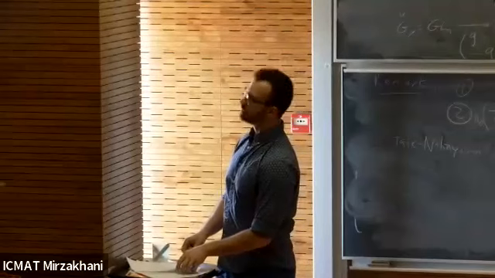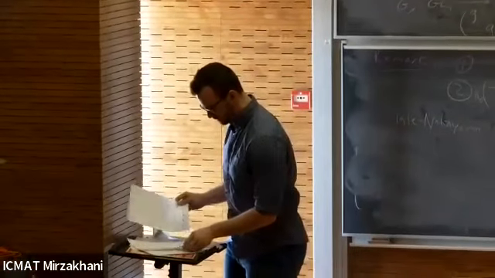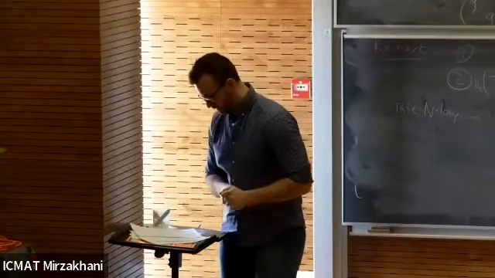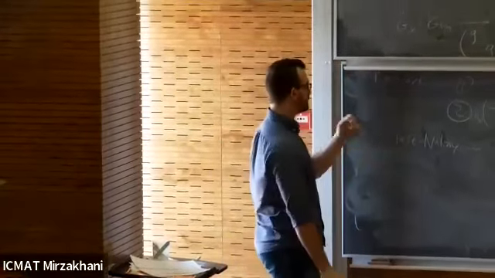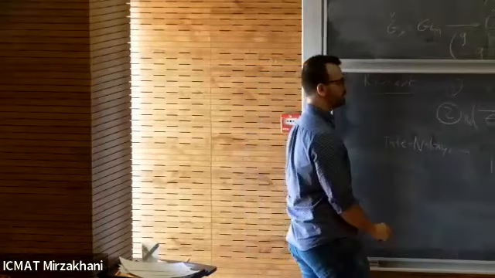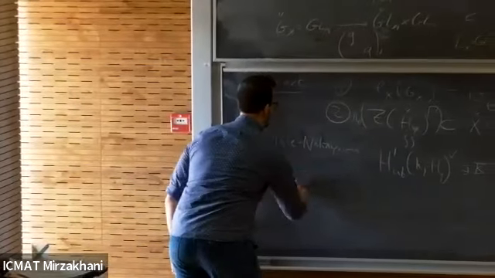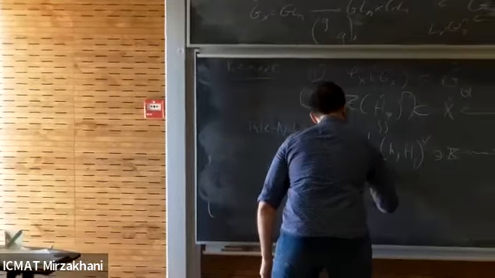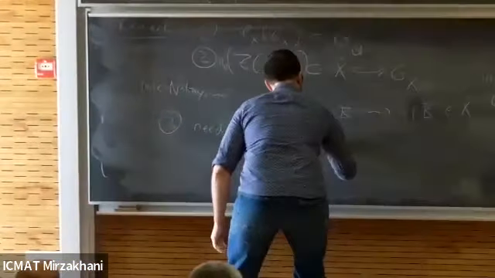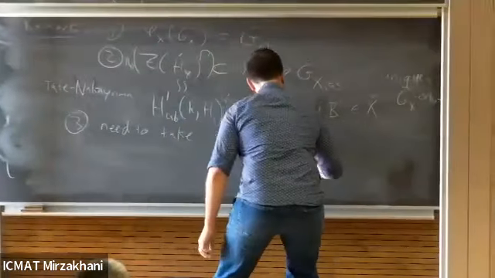How much time do I have? Not enough. All right, so I've said some things about Galois, and I want to work over a general field because that's where relative trace formulas live. And so the third comment is that we need to take the Gamma action into account.